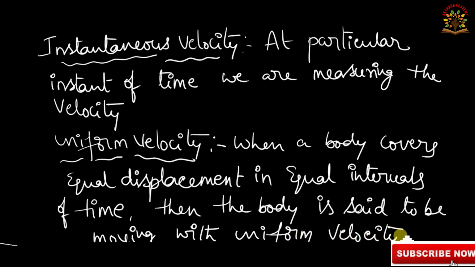Next, non-uniform velocity. Non-uniform is nothing but unequal displacements in equal intervals of time. When a body covers unequal displacements in equal intervals of time, however small the intervals may be, then the body is said to be moving with non-uniform velocity.